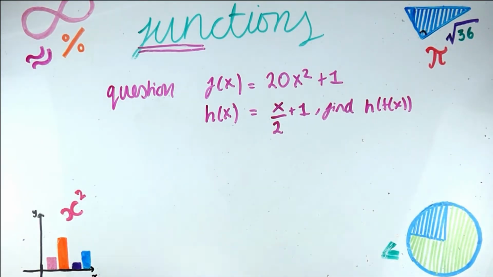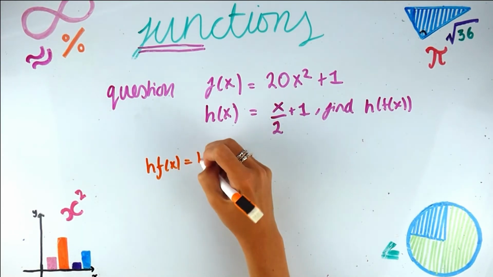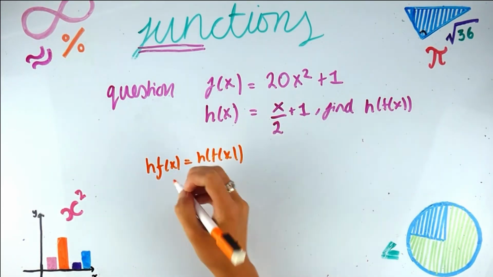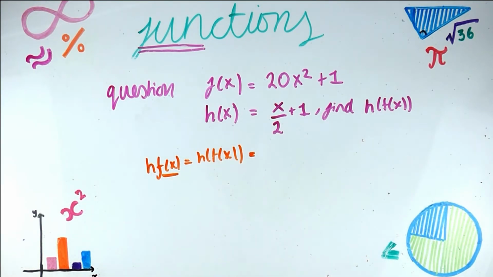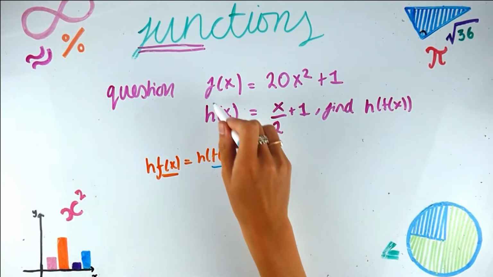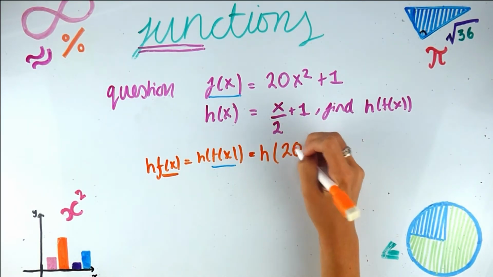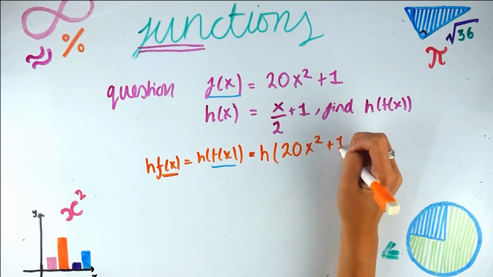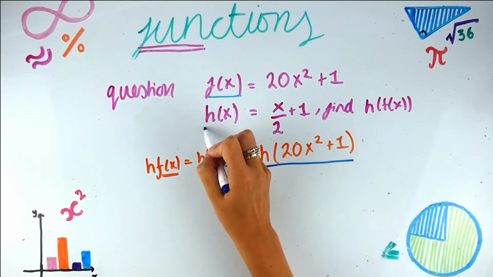Okay, so composite functions, h of f of x. Little spoon goes first, so this part here, f of x, we just copy down. We've got that in the question, so we've got h of 20x squared plus 1. Okay, now we're looking at the difference between, so we've got h, our function here.